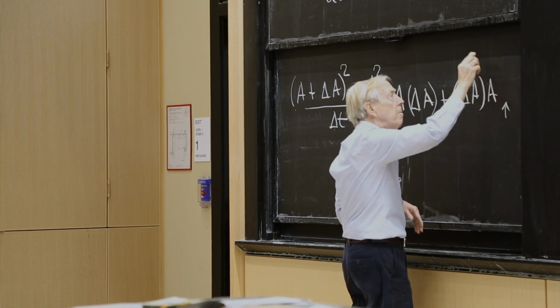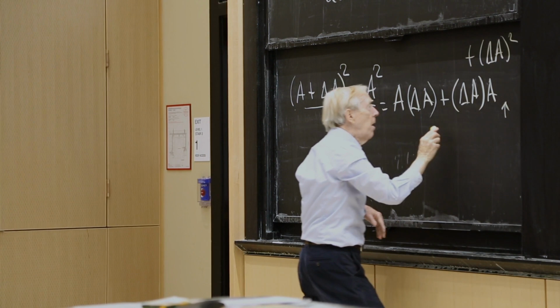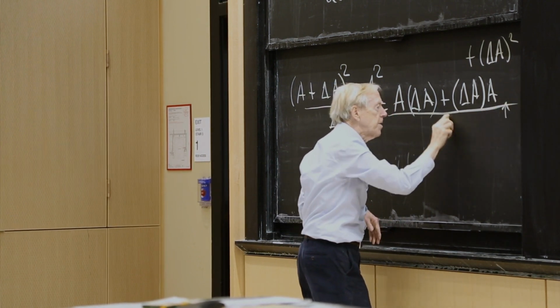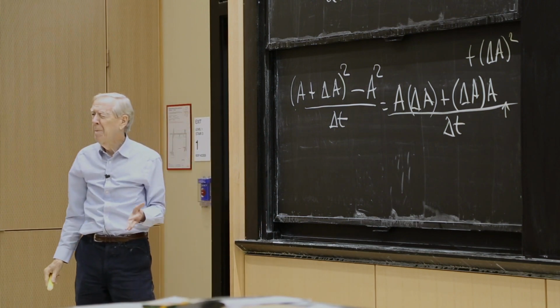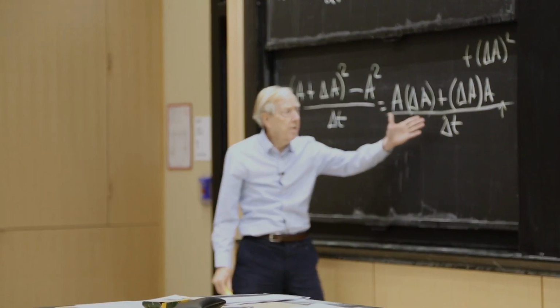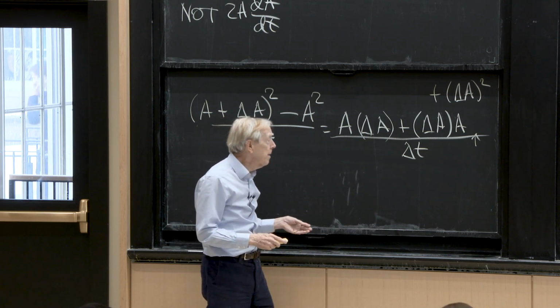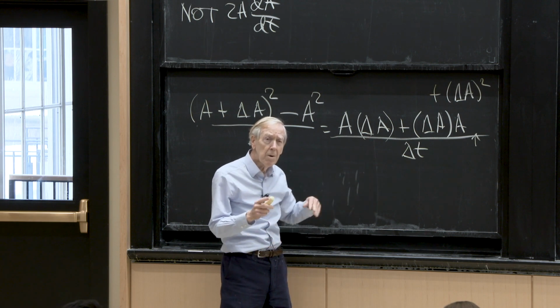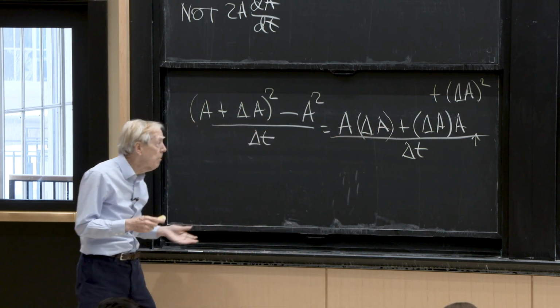And then plus delta A squared. And now I divide it all by delta t. So you're now seeing my point. That now I let delta t go to 0. So I'm just doing matrix calculus. And it's not altogether simple, but if you follow the rules, it comes out right.